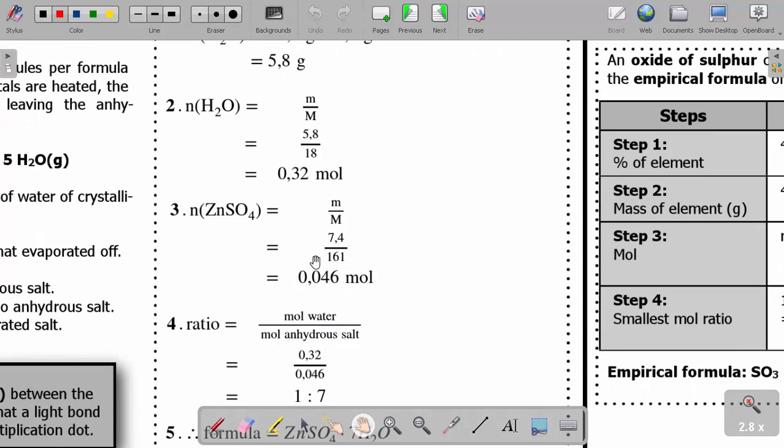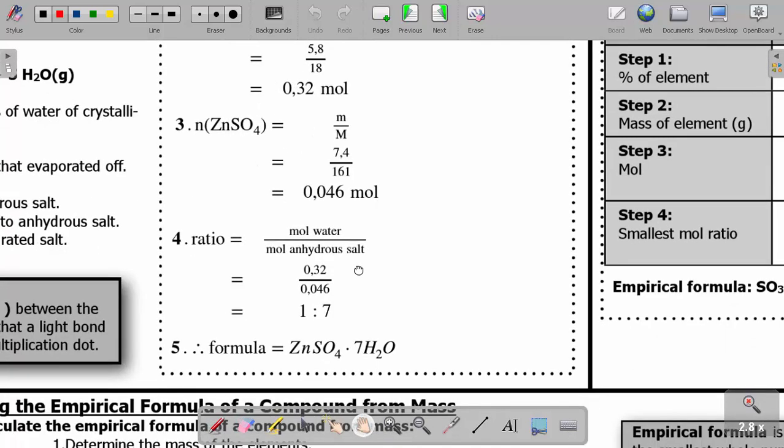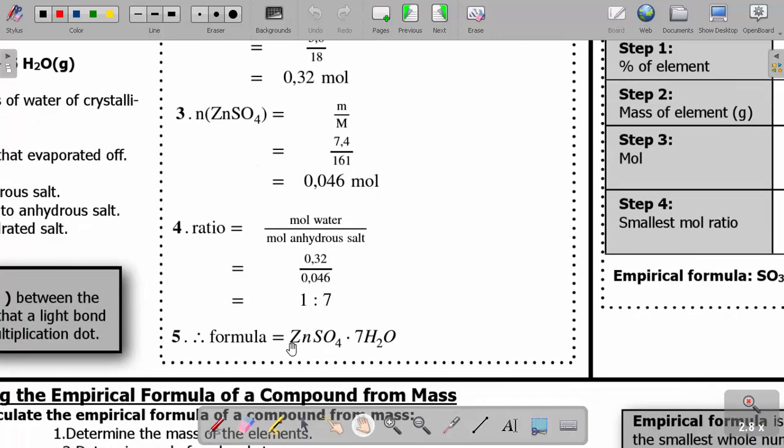To get the water of crystallization, I'm going to say this 0.32 from the water divided by 0.046. Then I get the ratio as 1 to 7, meaning that the formula of zinc sulfate contains 7 water molecules of crystallization.